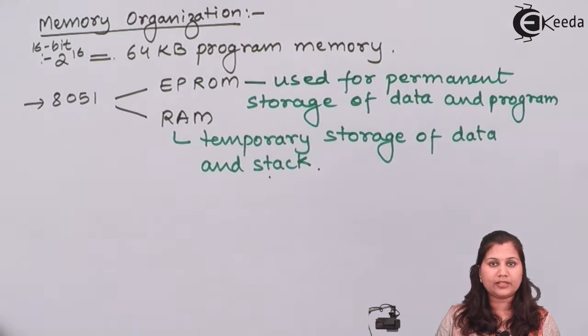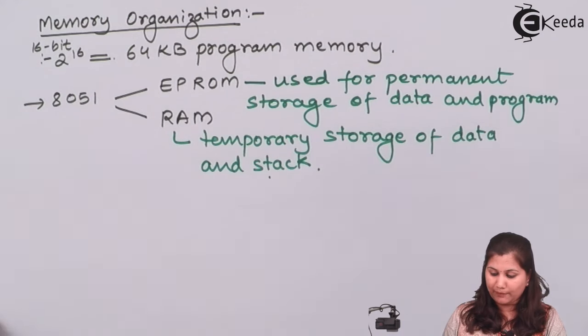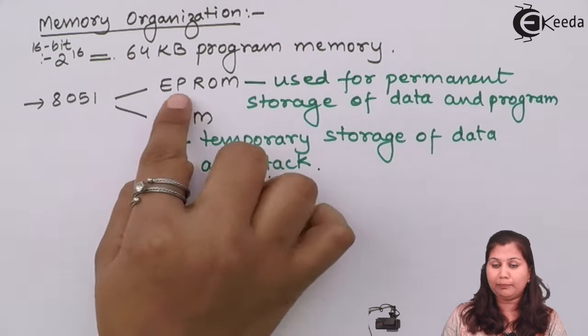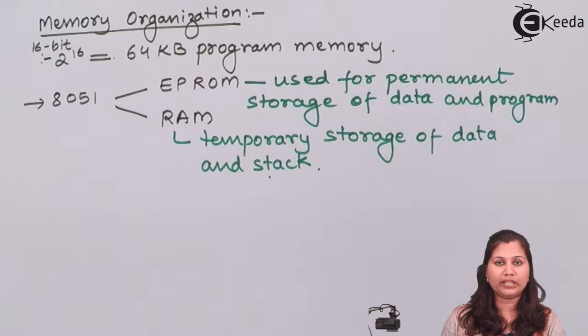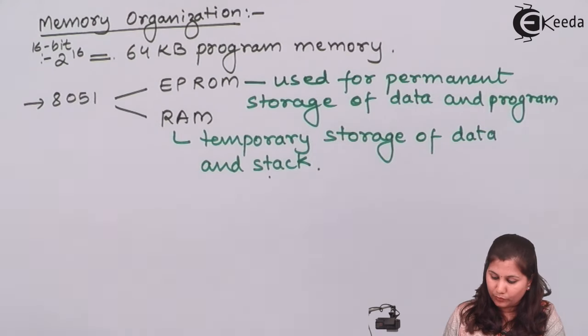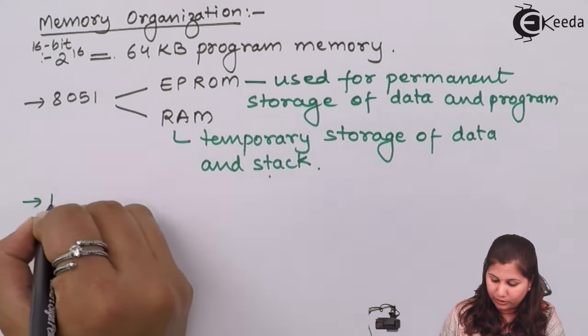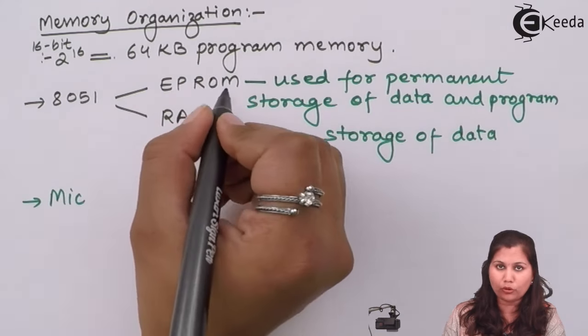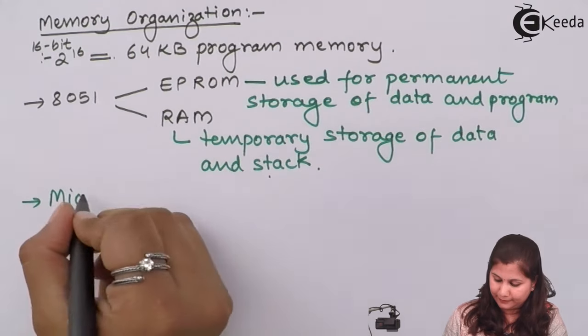Now in 8051 we have a signal which is called PSEN, that is program store enable. This program store enable signal is used to read the data from the EPROM. Whenever we want to read this data, we will make the PSEN signal low, because PSEN is an active low signal, so the microcontroller can read the data from the EPROM using the PSEN signal.